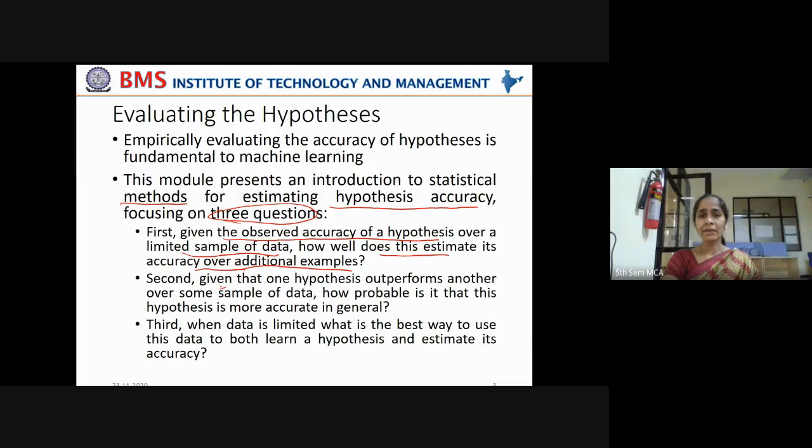And second, given that one hypothesis outperforms another over some sample of data, how probable is it that this hypothesis is more accurate in general? Now, you have formulated 2 hypotheses, and you observe that one hypothesis is performing better than the other. Does this better performing hypothesis generalize well to unseen data? That is also a question.